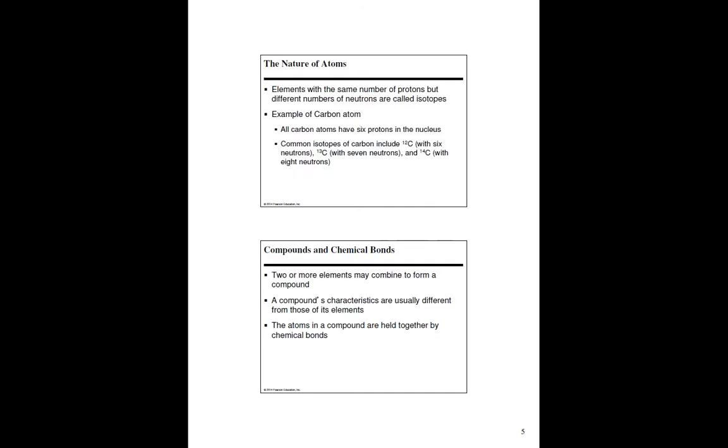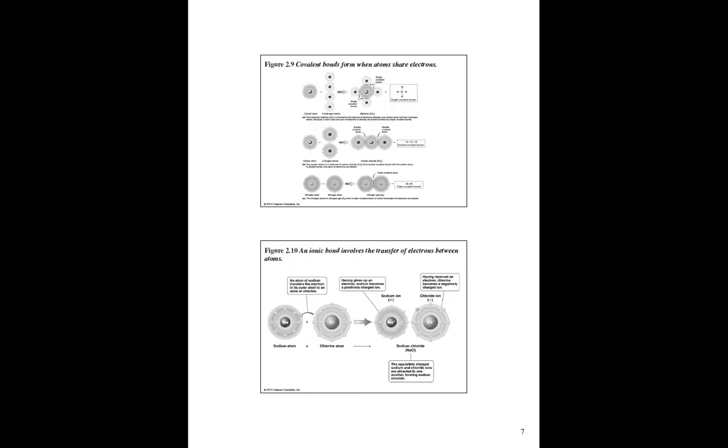So again, looking at these bonds that form between atoms, if atoms come together and share electrons, that's considered a covalent bond. So covalent means to share. Anytime we have bonds between atoms that are hovering near one another and sharing their outer energy electrons, that's considered a covalent bond.